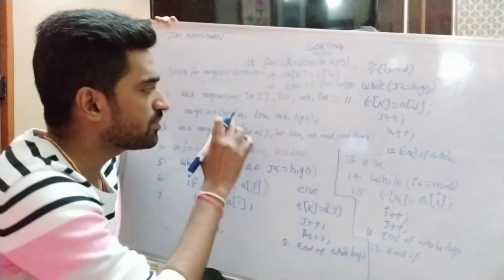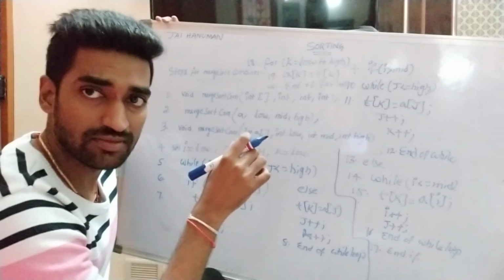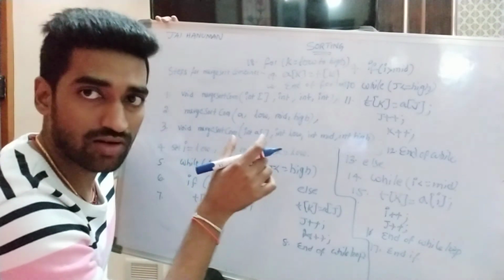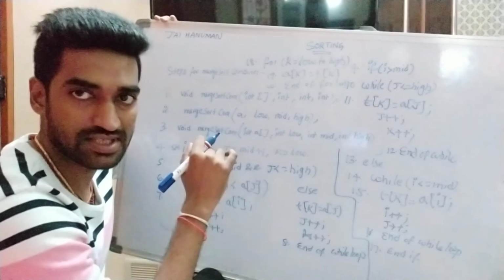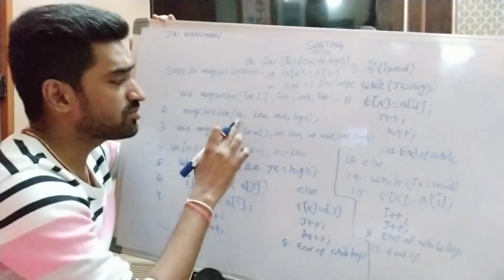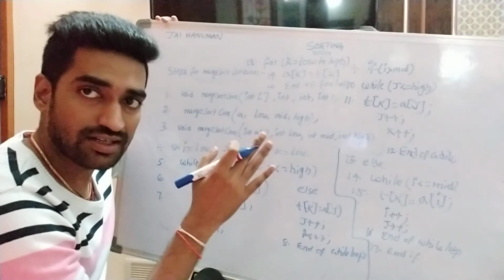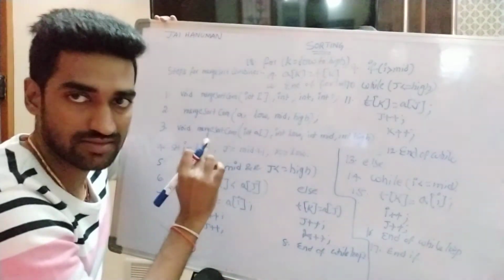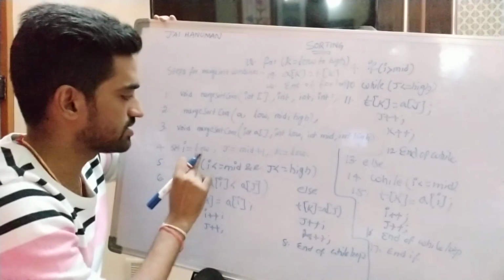Right? So combine: after dividing the entire array into several sub arrays, we can sort all the elements. We can apply the combine procedure. In the combine procedure, the array compulsorily contains low value, mid value, high value, so that's why we pass all the parameters. Here I am writing the actual procedure.